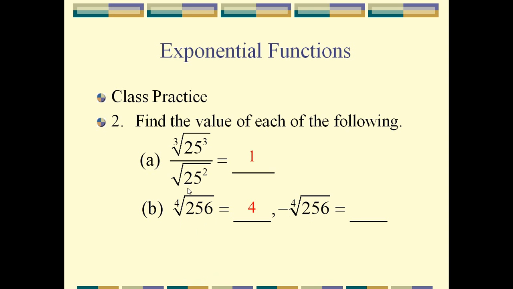If you want to take the positive, you will write the fourth root without a sign. Without a sign means that it's positive. If you want to get the negative, you will add a negative sign before the symbol. So you will have 4 for the actual symbol of this, and then negative 4 for this expression.